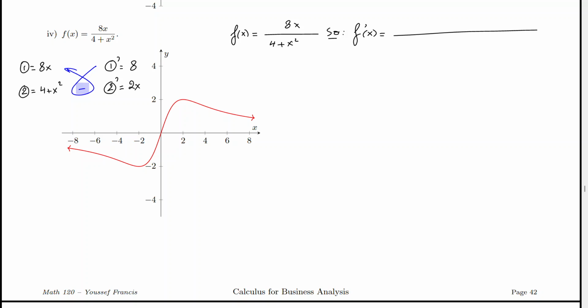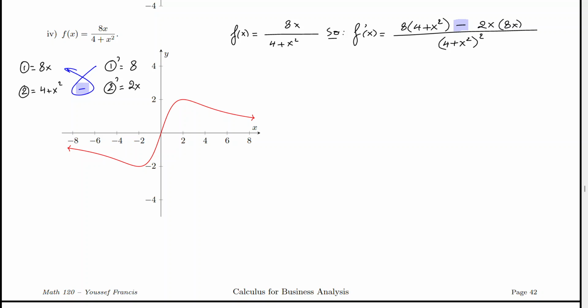So 8 needs to be multiplied with the 4 plus x squared, and we are supposed to subtract next because that's the quotient rule. And to multiply the other corners, we get 2x multiplied by 8x, and we're supposed to divide by the full denominator, and all of it needs to be squared.